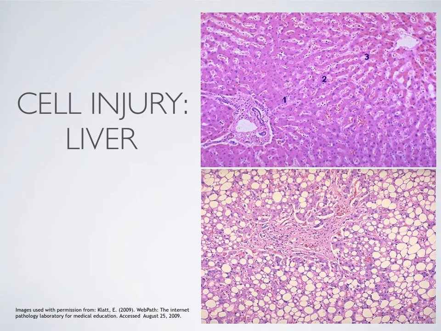Here's another image of cell injury. At the top, this is the normal liver. And you remember those zones of the liver? And here's the triad. So this is normal. This is a liver that's undergone fatty change.